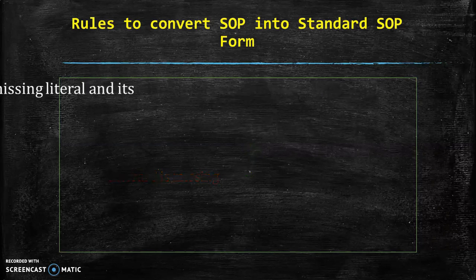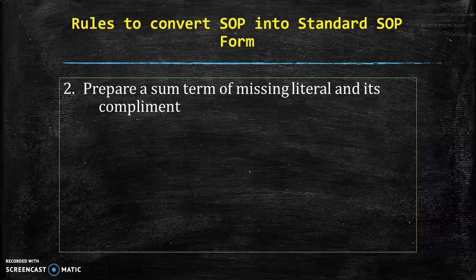So we follow step number 2. Prepare a sum term of the missing literal and its complement. We have just seen in the example that literal C is missing. So as per step number 2, we have to prepare a sum term which consists of C and its complement, so C plus C bar.